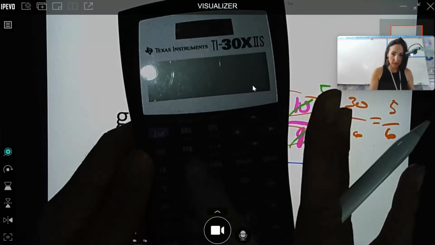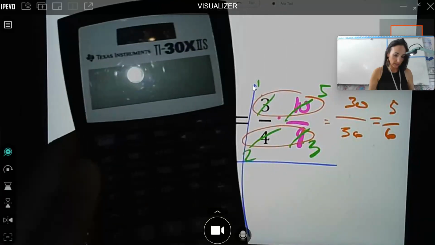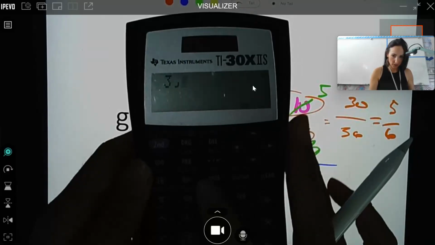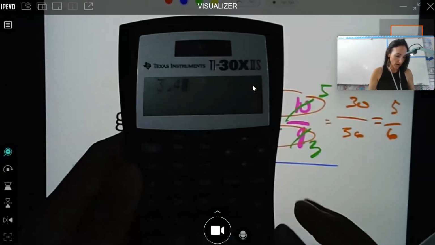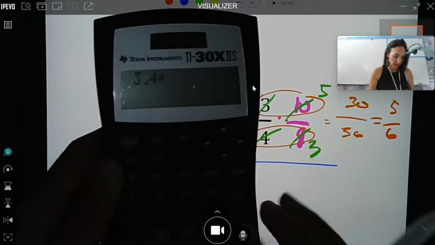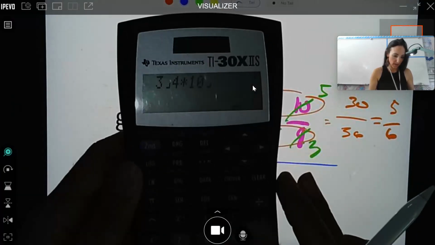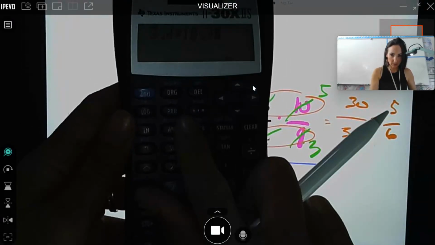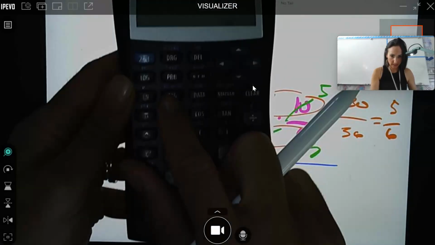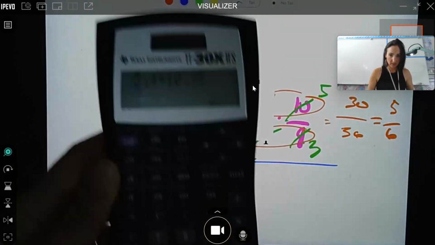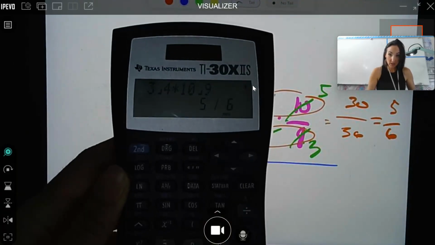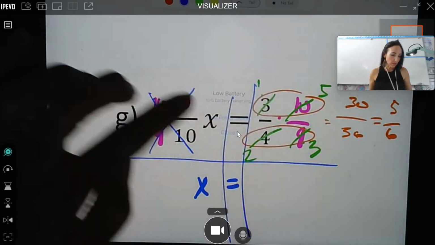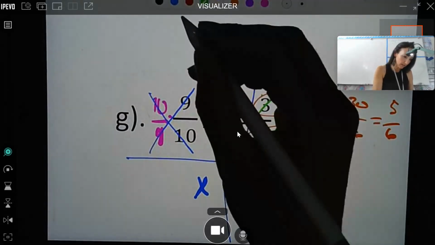And I have this fraction button, which you guys can't see, but I can literally type in 3 fraction button 4 and then times it by 10 fraction button 9. Sorry, it's not showing up in this light, but this fraction button I'm pressing is this little ABC one. I'll show you guys in class. And when I press enter, it tells me 5/6. My calculator does fractions, yay. So we get 5/6.